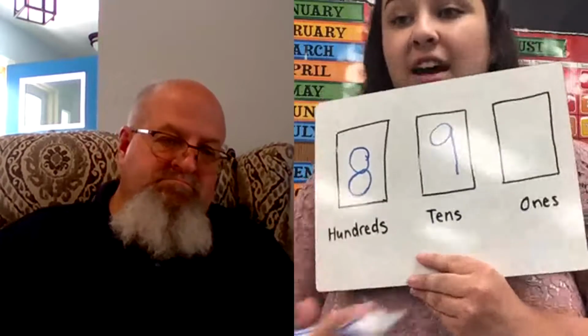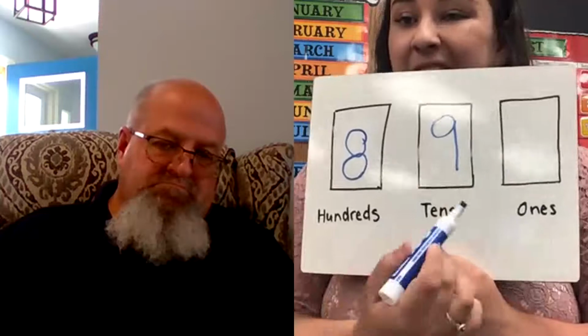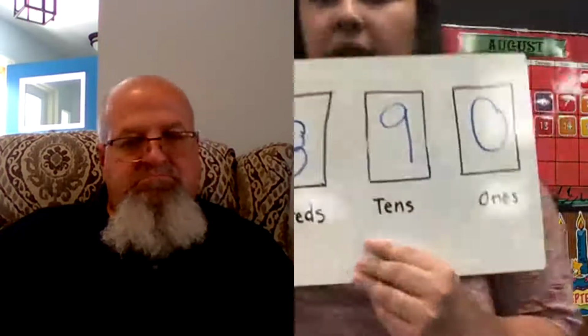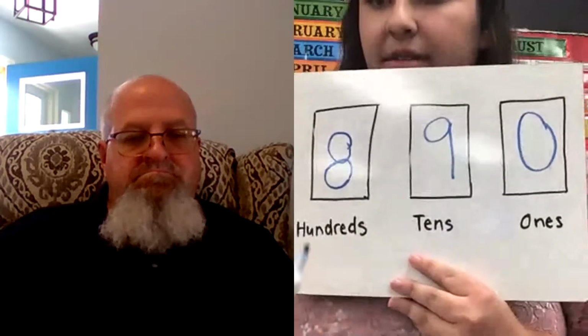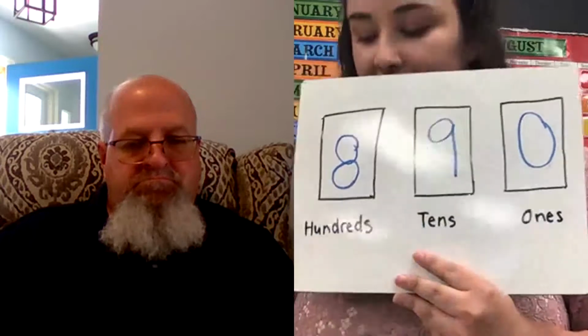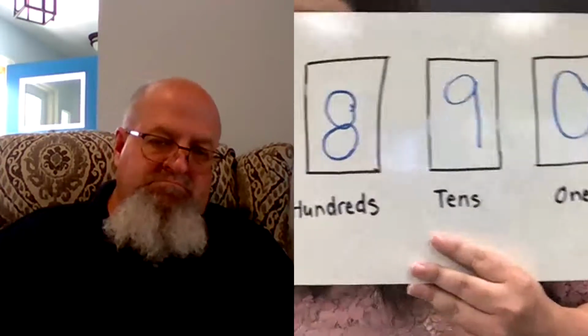And so if Mr. Bushy would have said 891 or 92 or 95, we would know that there's something here. But since I didn't hear anything after that 90, we know that there's just a 0. So for that number, we know that it's 890, and that's how we would read that.